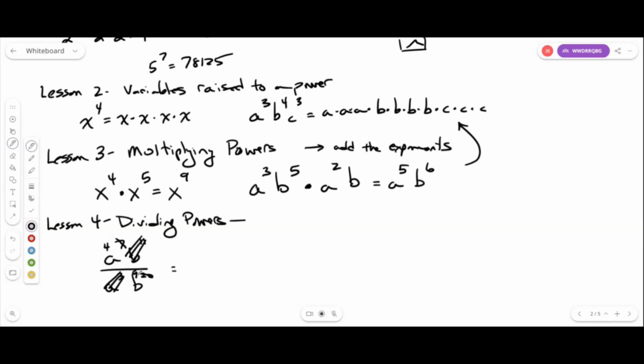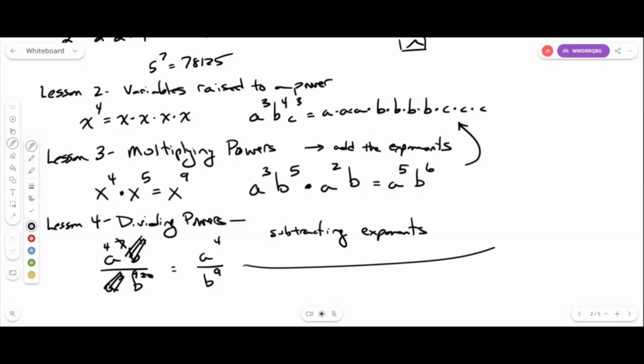There are 9 left. So on the top, we have a to the 4th. On the bottom, we have b to the 9th. When you're dividing powers, you are subtracting exponents. And again, this ties right back into this again.